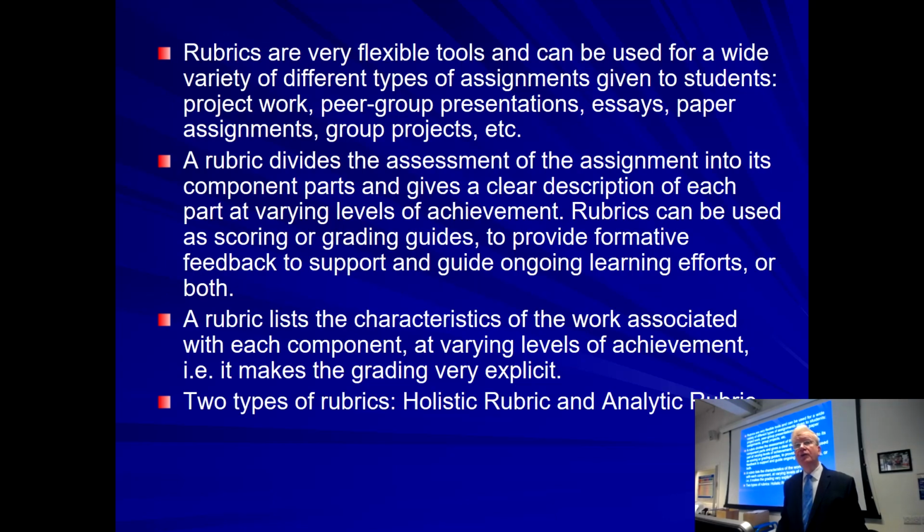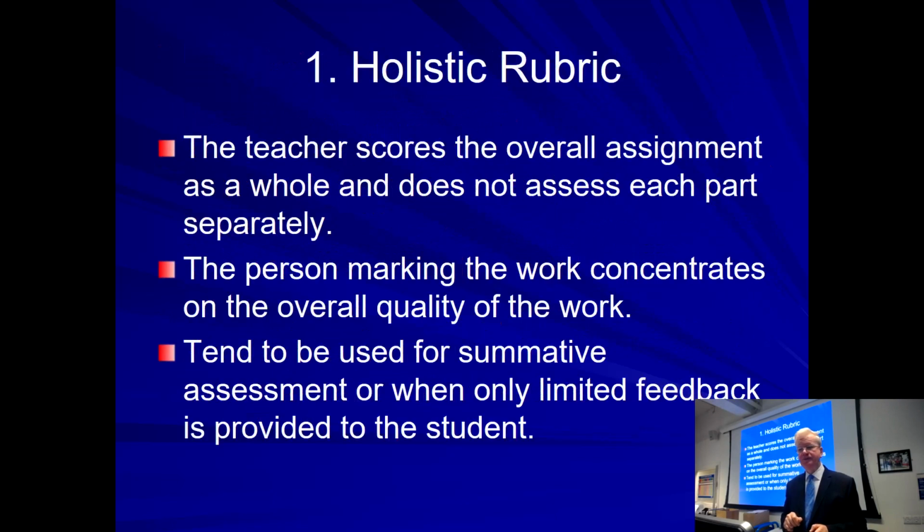Now, there are two types of rubrics described in the literature, and we'll have a quick look at holistic rubrics and a more detailed look at analytic rubrics. Firstly, what's a holistic rubric? It's sort of an impressionistic mark, really. It's where the overall assignment is scored, but each part of the assignment isn't awarded separate marks.